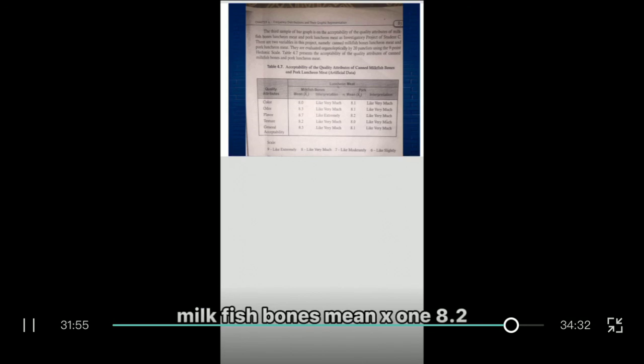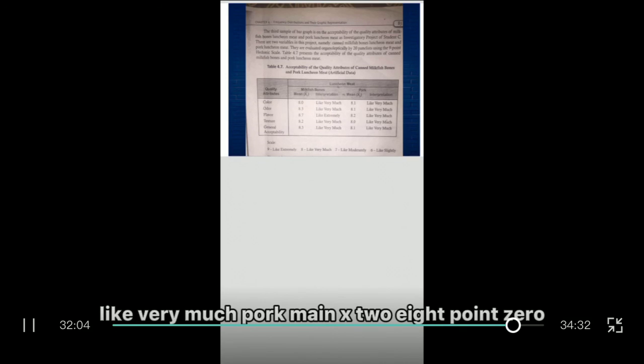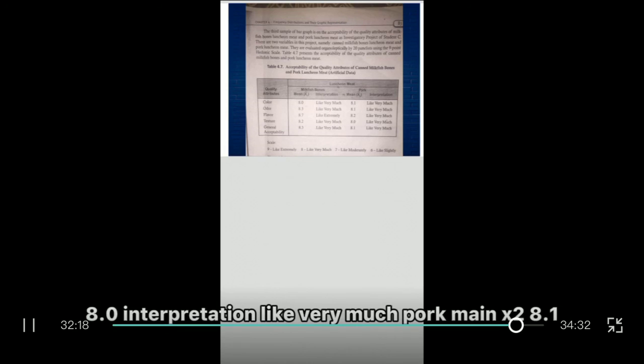Texture, milk fish bones mean X1 8.2, interpretation like very much. Pork mean X2 8.0, interpretation like very much. General acceptability, milk fish bones mean X1 8.0, interpretation like very much.